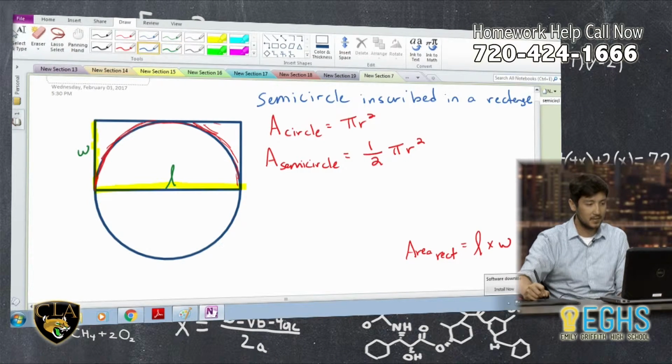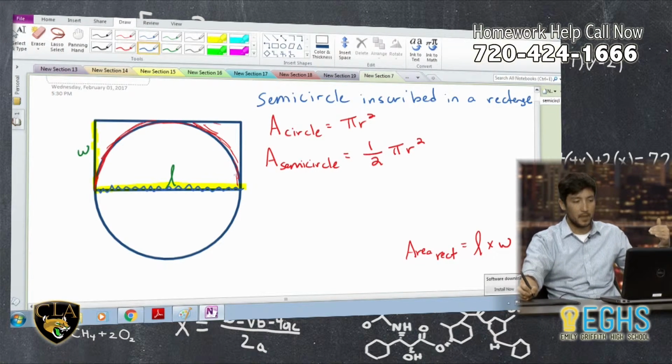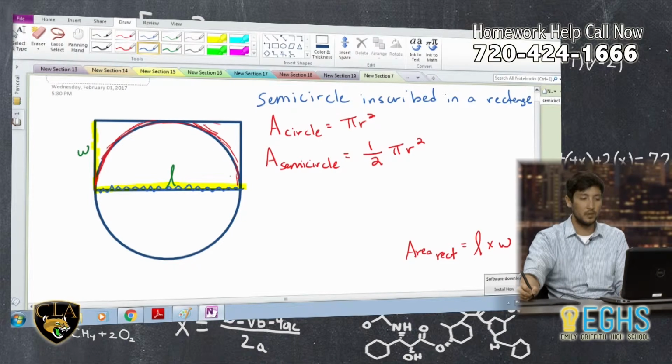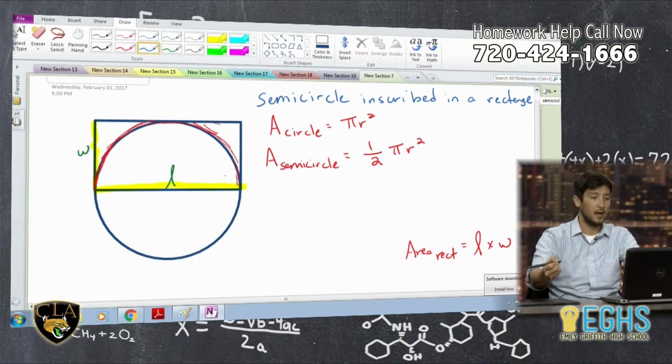All that's saying is that this diameter here is the same as the length of the rectangle. It's really just emphasizing that the rectangle runs along the diameter of the circle. And again, in geometry it's really important to note those key points, because a lot of geometry is about not making assumptions.